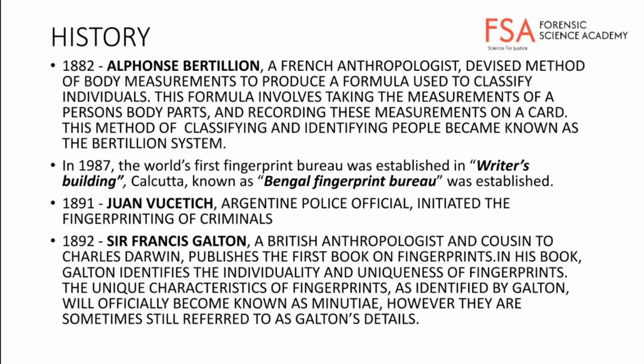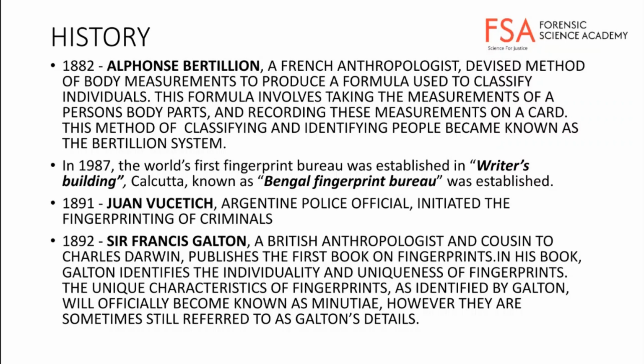In the year 1897, the world's first fingerprint bureau was established in Writers' Building, Calcutta, now known as Kolkata, Bengal's Fingerprint Bureau. In the year 1891, Juan Vucetich, an Argentine police official, initiated the fingerprinting of criminals.